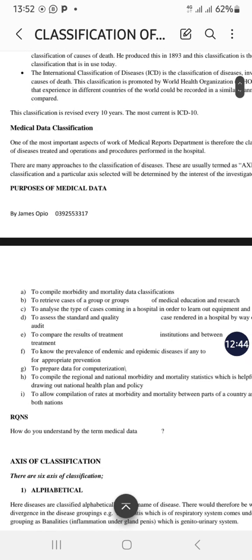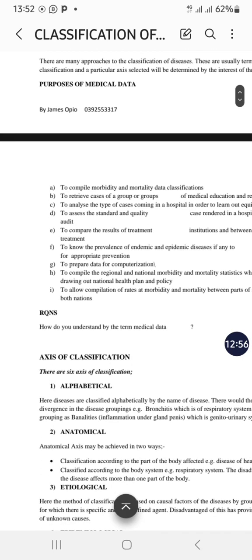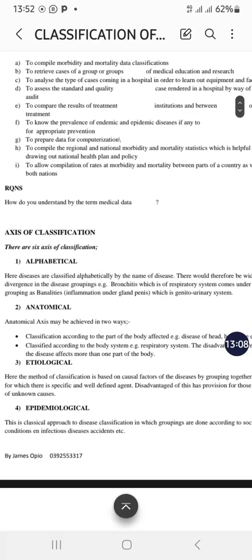Okay, so there are the medical data classifications, and what we have there are the purposes of medical data classifications. I believe you can handle that by yourself. I don't think there is anything too difficult for you to understand there.